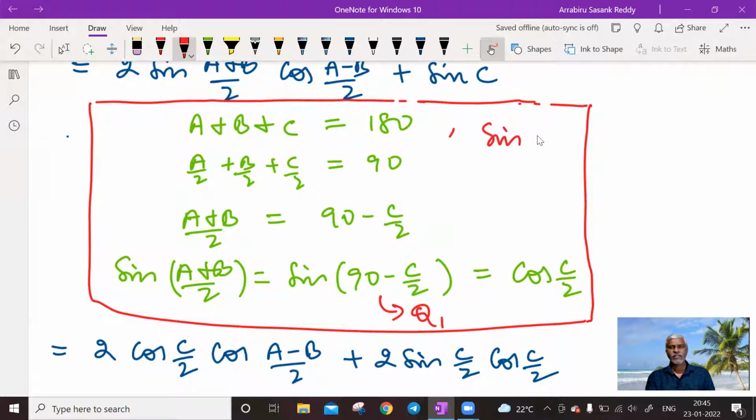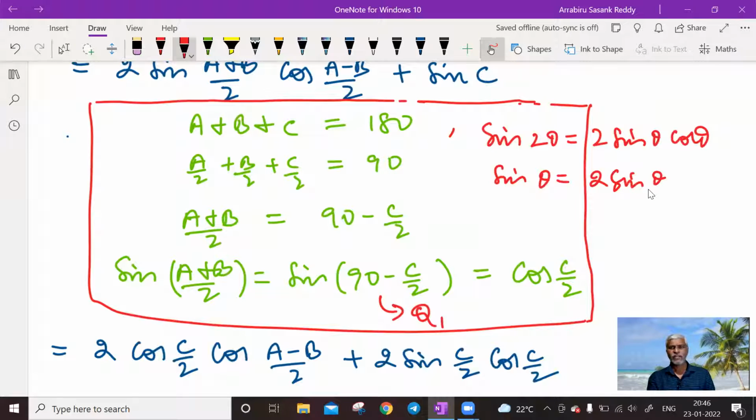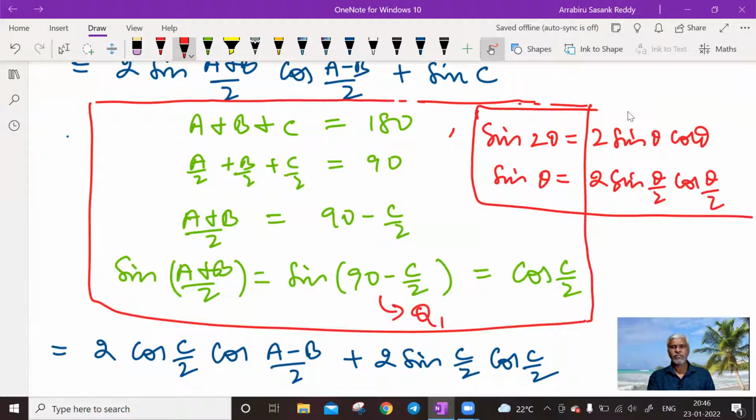Sin 2 theta is equal to 2 sin theta cos theta. Again, sin theta is equal to 2 sin theta by 2 cos theta by 2. So using this formula, sin C becomes 2 sin C by 2 cos C by 2.